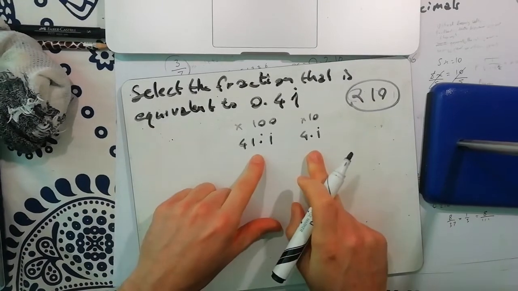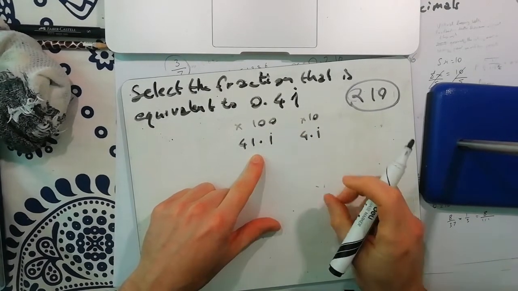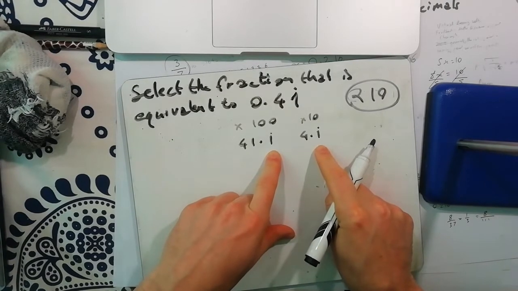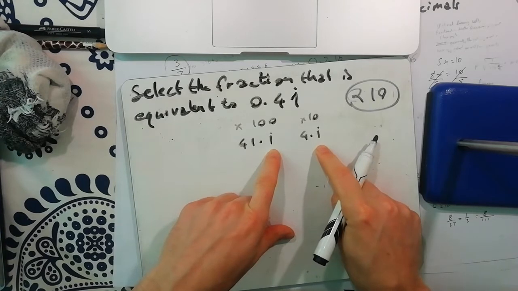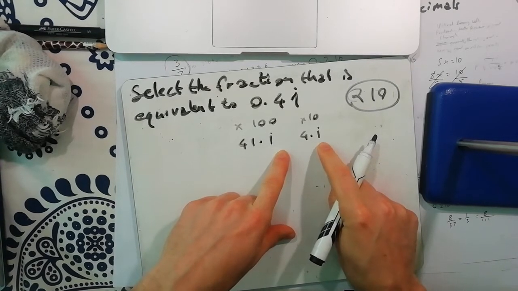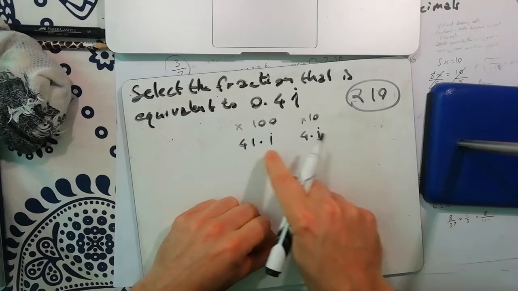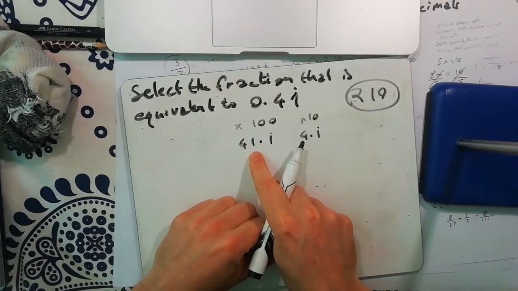Now, you look at these two different things. It looks like a ratio. So we've got these two things here. They both have this recurring 1. So what we can now do is we can maybe try and subtract something else. We could subtract this to get rid of the recurring 1s. We're also going to get rid of a 4 from this, but we're still going to be left with a nice whole number.